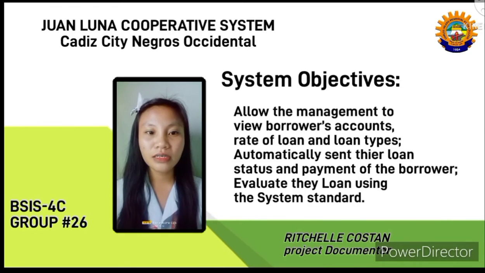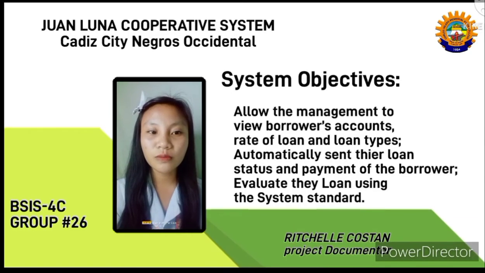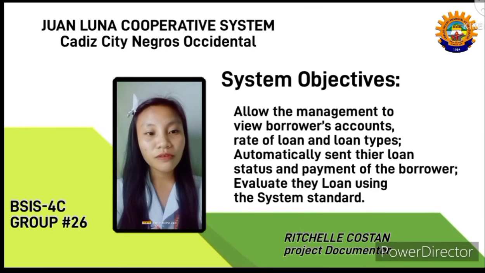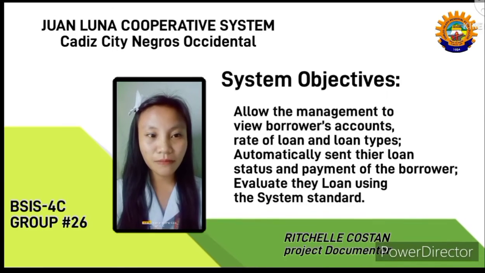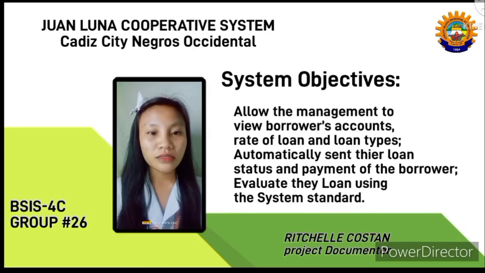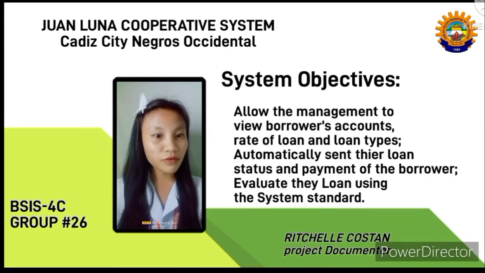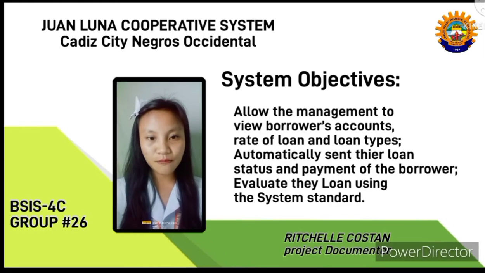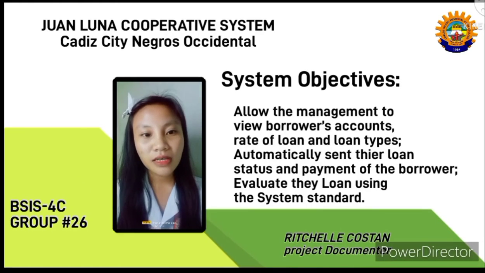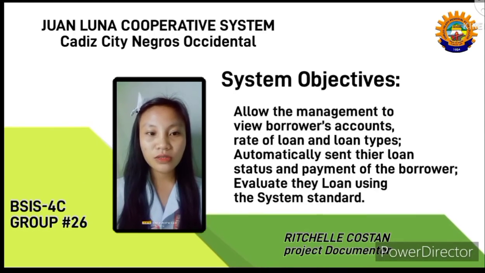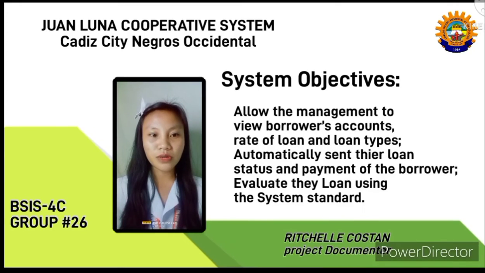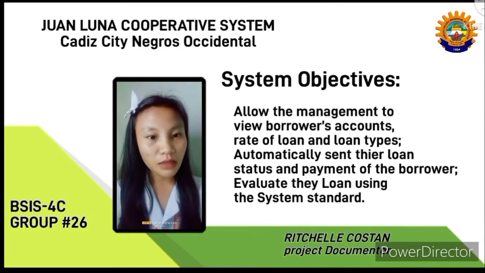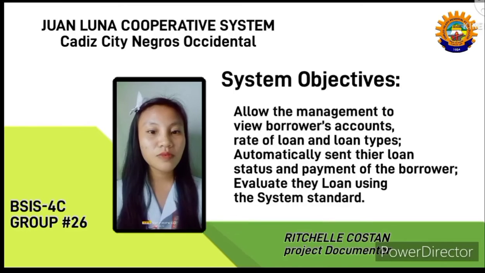This study aims to design and develop a notification system for the cooperative that will allow the management to view borrower accounts, rates of loans and loan types, automatically send borrowers their loan payment status, and evaluate the loan using the system standard.